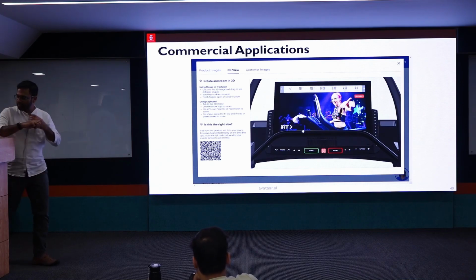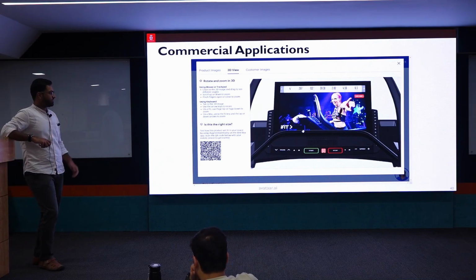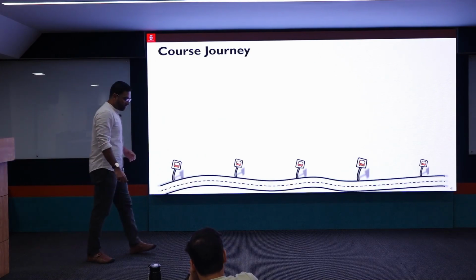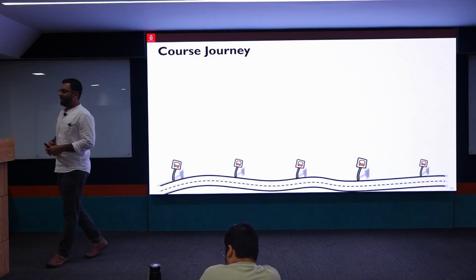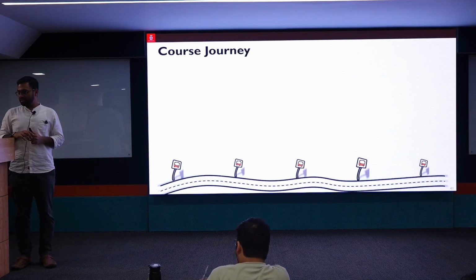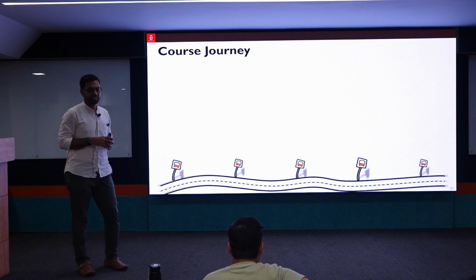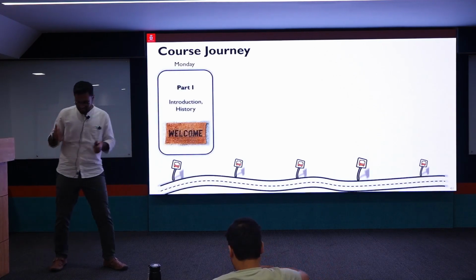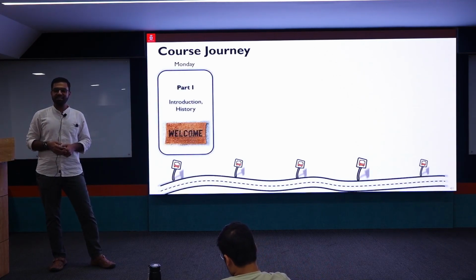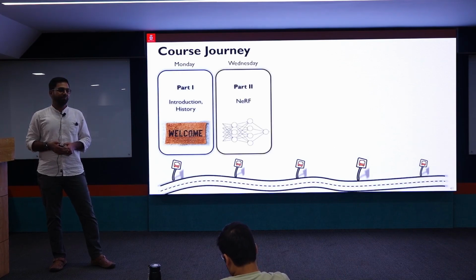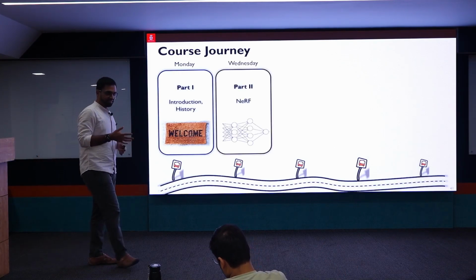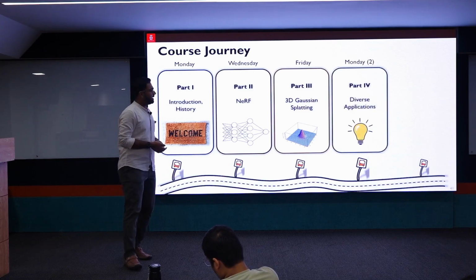All right, so with that, that brings us to the conclusion of this part. We've taken 5 stops so far in this lecture series. We started off talking about the history, then trying to understand what radiance fields are. Then we talked about neural radiance fields, then 3D Gaussian splatting applications.